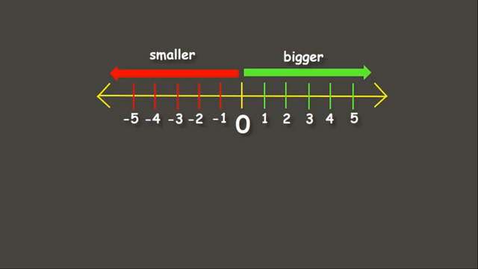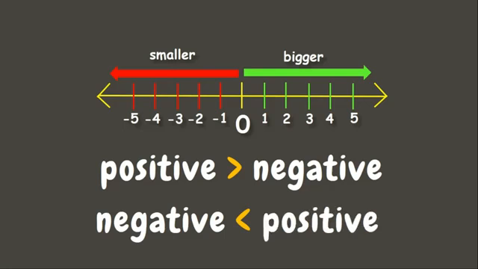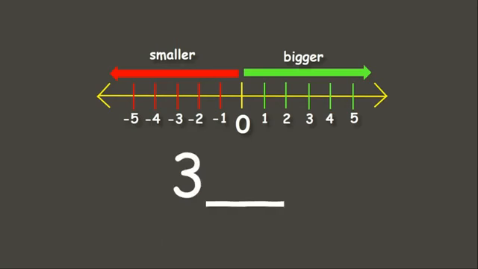We also need to understand that all positive numbers are greater than negative numbers. It means that negative numbers are less than positive numbers. Let's have an example. Let us compare positive 3 and negative 5.